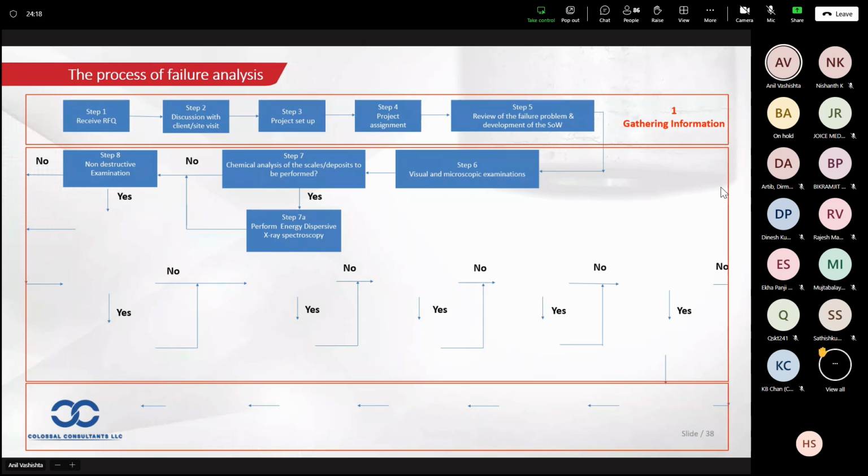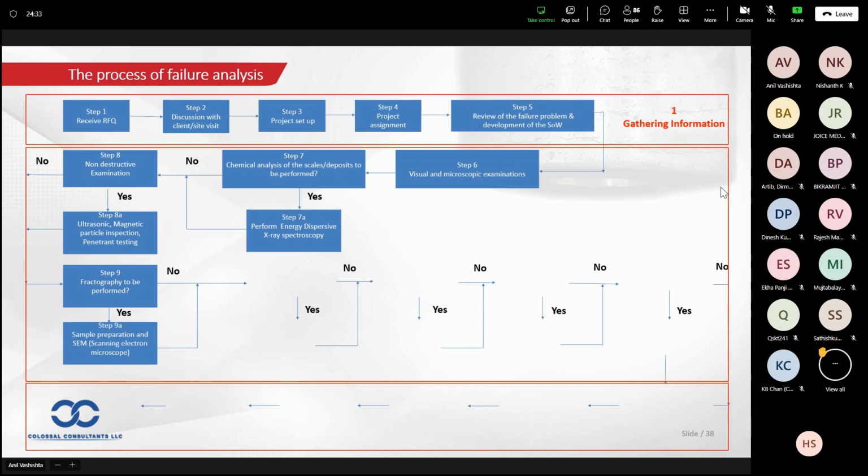Then we perform the non-destructive testing: UT, MPI, RT. And if non-destructive testing is required or not required, after that step we go to the fractography by SEM.